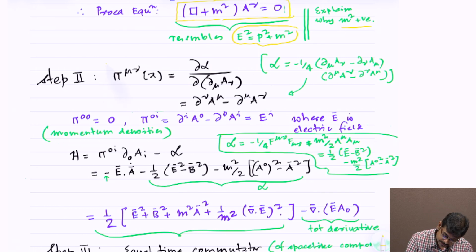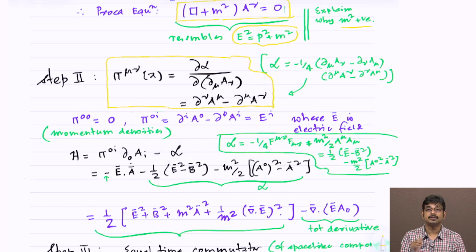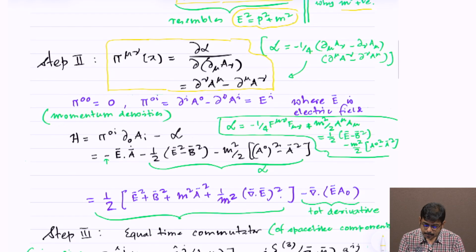Now, this is once again something that you are going to do explicitly. Although this seems obvious, it is not quite so, and you have to get habituated with handling these tensorial notations mu, nu, etc. So, pi mu nu is del nu a mu minus del mu a nu.